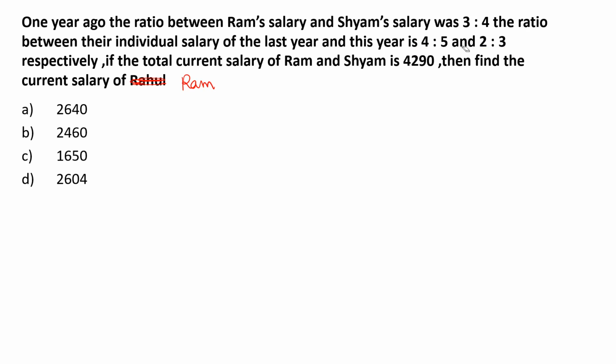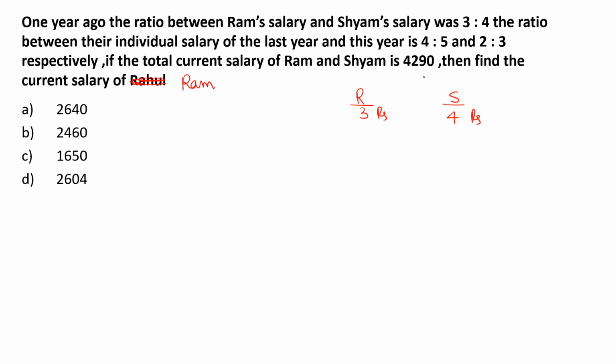So, to get the present ratio, let us assume the salary of Ram in the previous year is 3 rupees and the salary of Shyam in the previous year is 4 rupees, just as given in the ratio itself.